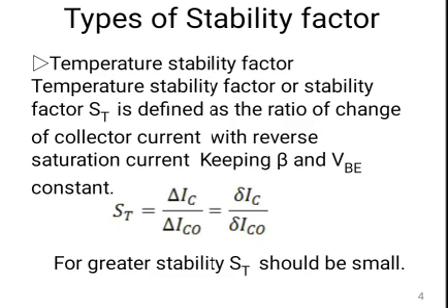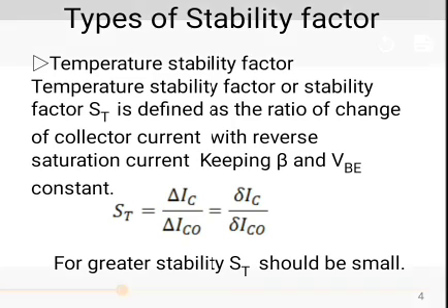First one, temperature stability factor. The temperature stability factor or stability factor is defined as the ratio of change of collector current delta IC with reverse saturation current, keeping beta and VB constant.